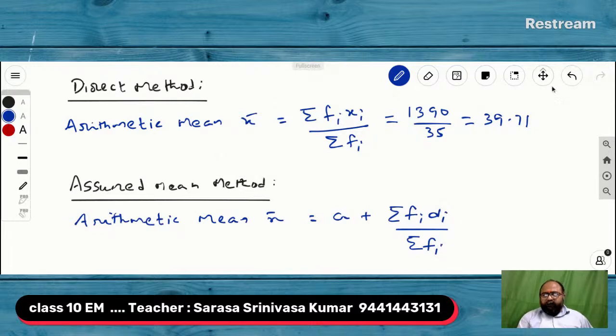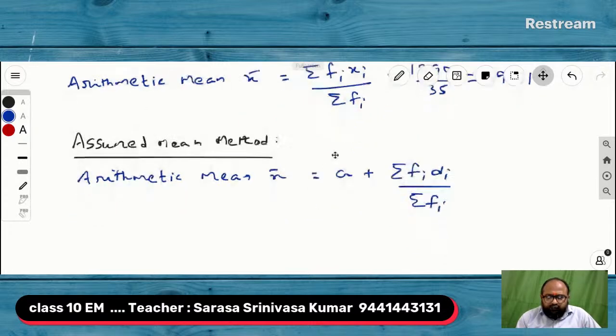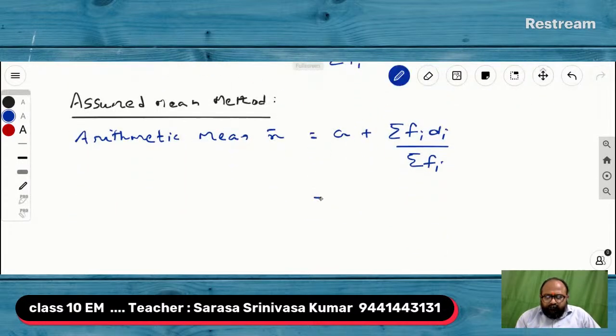So this is the formula. We get, this is equal to assumed mean 50 plus sigma fi di, which is minus 360, divided by sigma fi, which is 35.